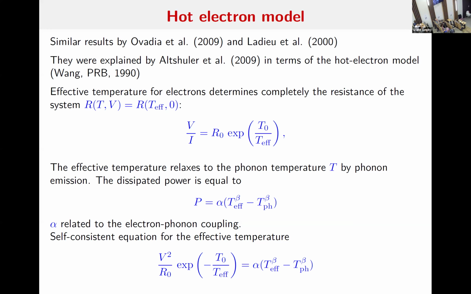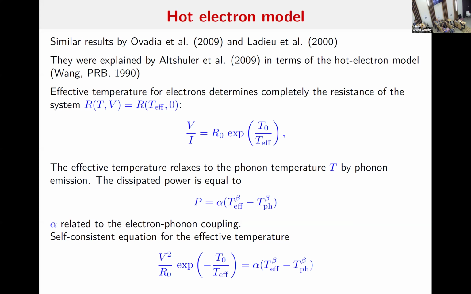So at the end, the system of equations that we have to solve is this. This is V squared over R, with this expression for R, so this is the Joule power that you put into the electron bath, and the electron bath exchanges power with the phonon bath, so at the end you have this equation for the effective temperature.